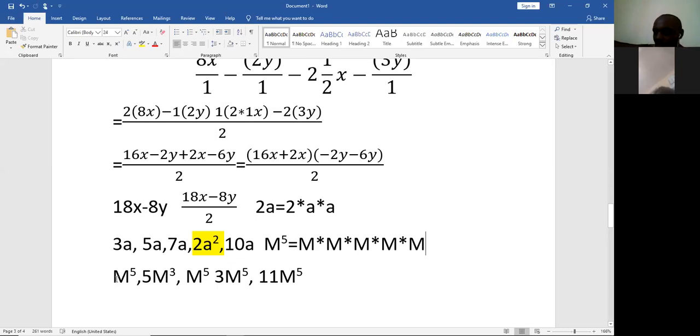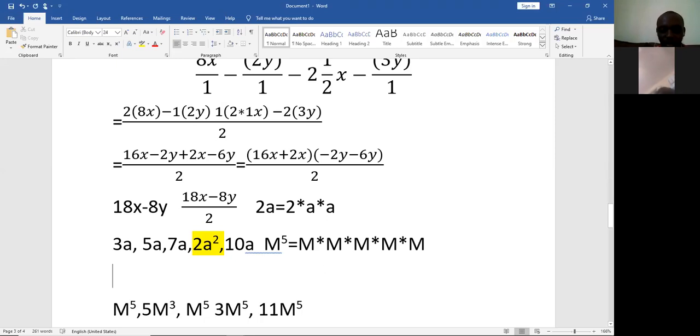So this m to the power 5 and this m to the power 5 and 3m to the power 5. 3m to the power 5 means 3 multiplied by m multiplied by m multiplied by m, that is 5 times.